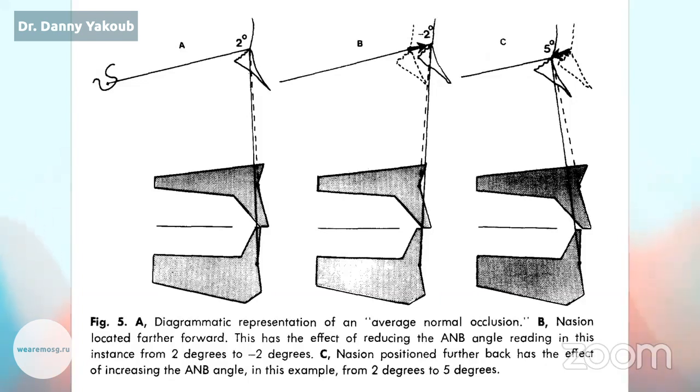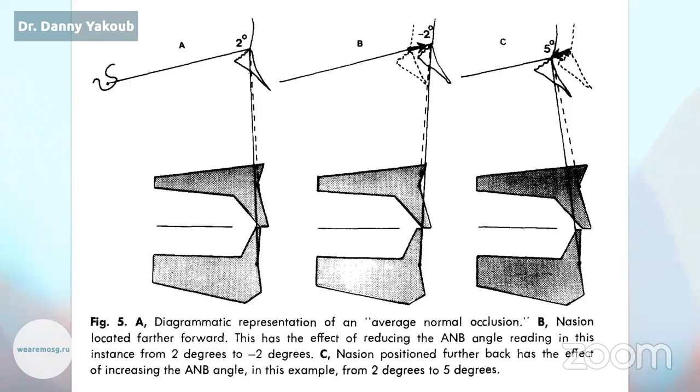The second diagram shows that the nasion moved forward, so the N point is located anteriorly, and this has the effect of reducing the ANB angle. Imagine with me, the ANB angle was previously 2 degrees, which is normal. If the N point moves forward, the ANB angle will become less, here -2, which shows a clear class 3 malocclusion.